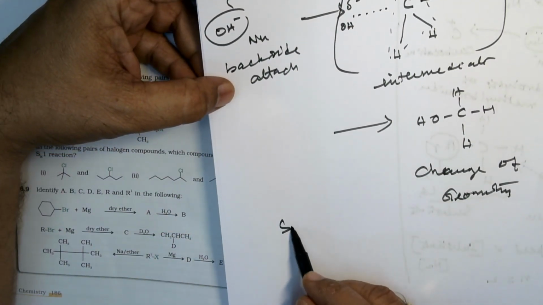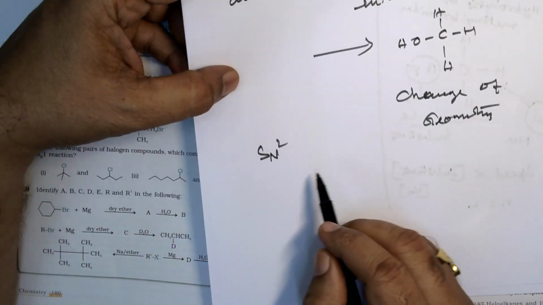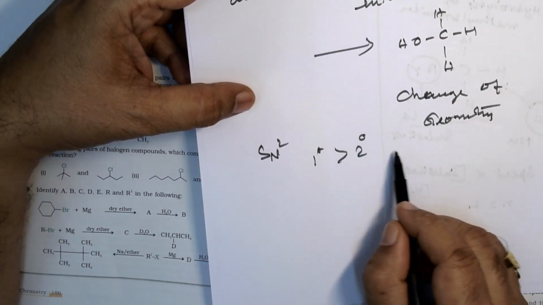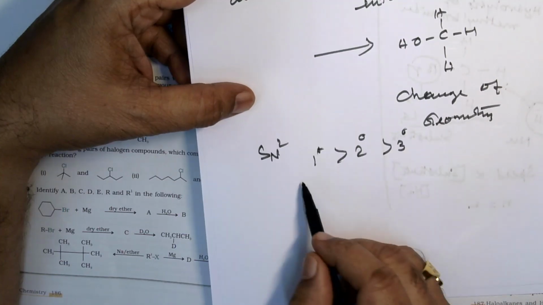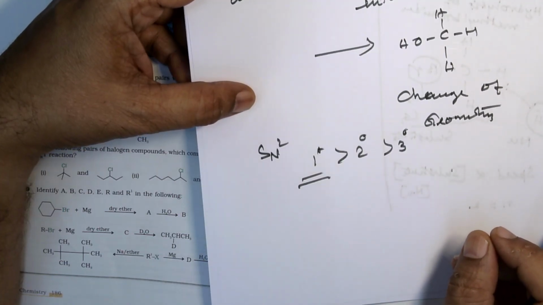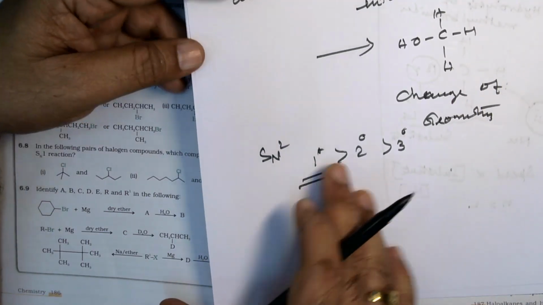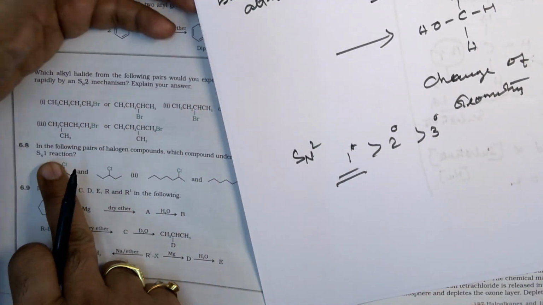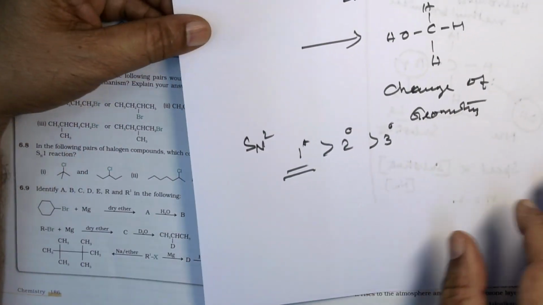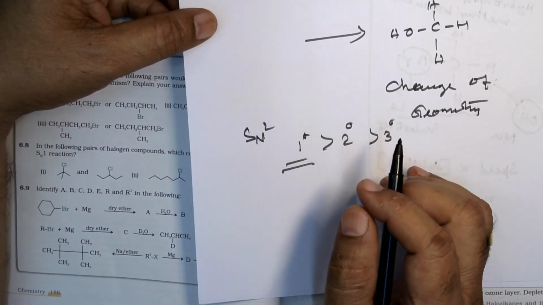So SN2 is favored by primary, then secondary, then tertiary. It means primary is given much importance. In such cases, when it is asked which is SN2 favored, you look for primary.